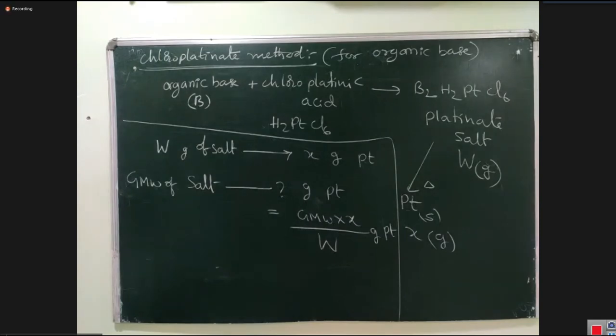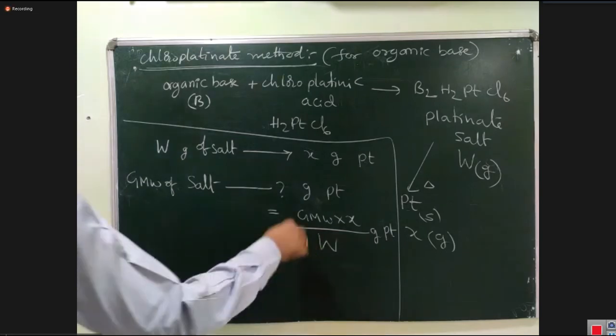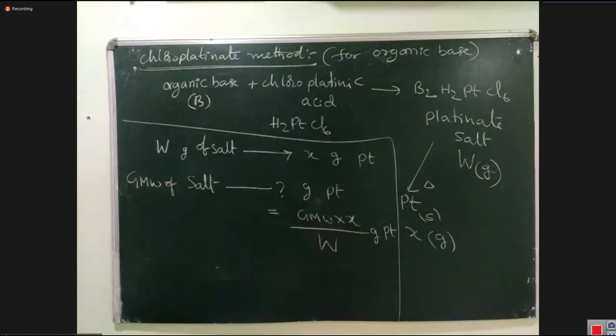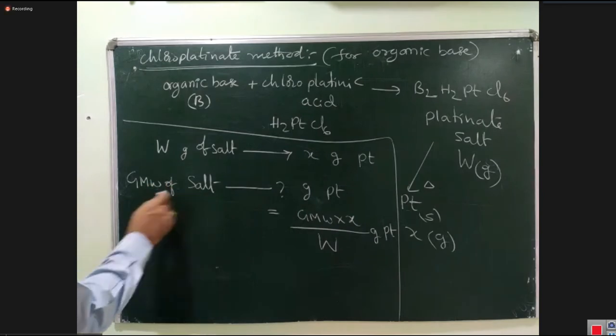Now we need the molar mass of the salt. This is the mass of the platinum formed from the gram molecular weight of the salt. Gram molecular weight of salt means 1 mole of salt.